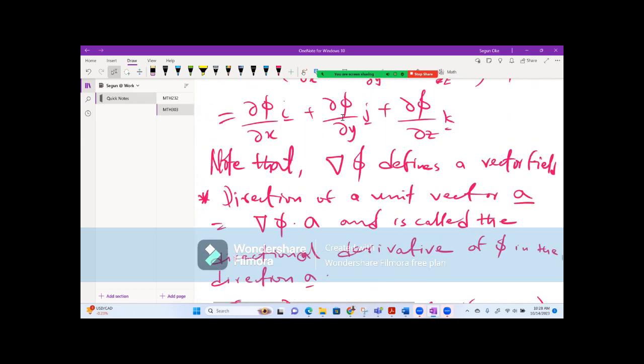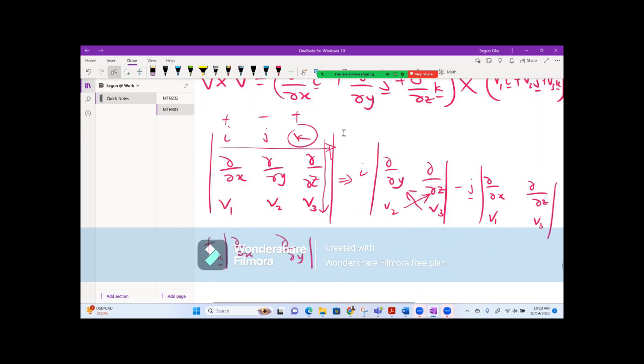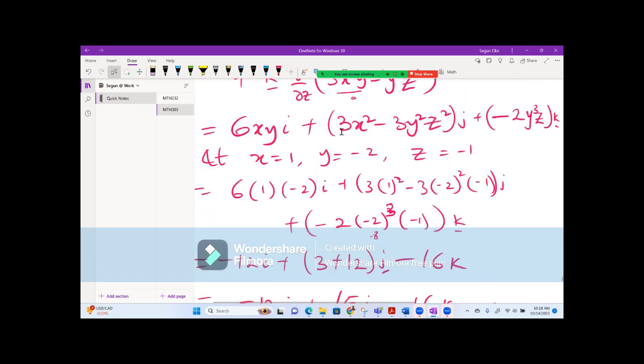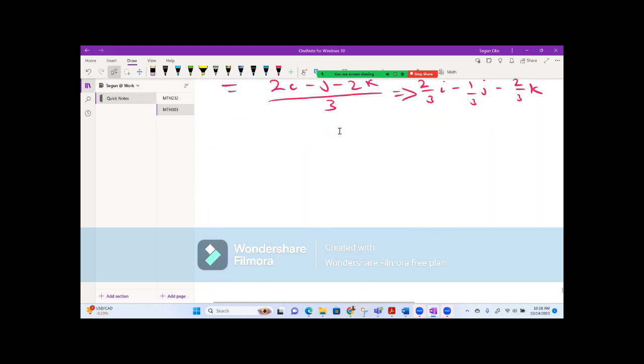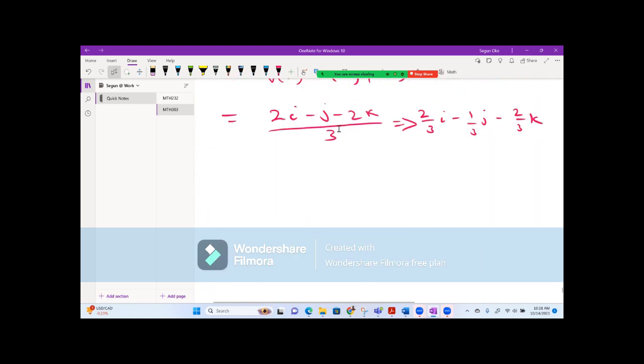I said here, when you have a direction of a unit vector A equals this, it is called the directional derivative of phi. So we are using the same thing. What I'm saying is this is my A now. I have my A here.